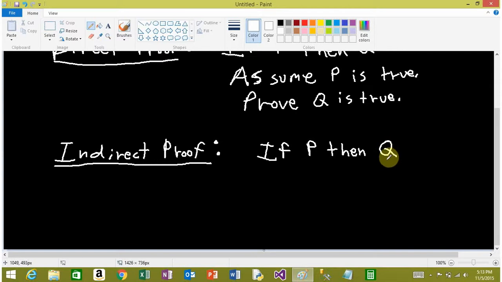One indirect technique of proof that we can use is called proof by contrapositive.